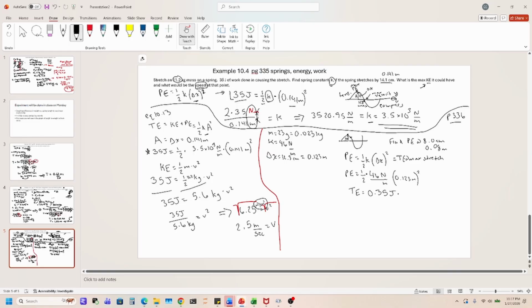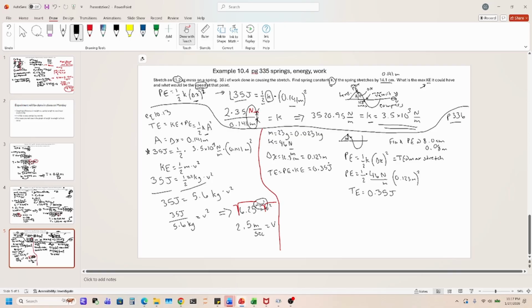Okay, so we have to find our potential energy at a certain point along this pathway, and that's our 0.08 meters. Well, we know that total energy is equal to our potential energy plus our kinetic energy, and we already know that that is equal to 0.35 joules.